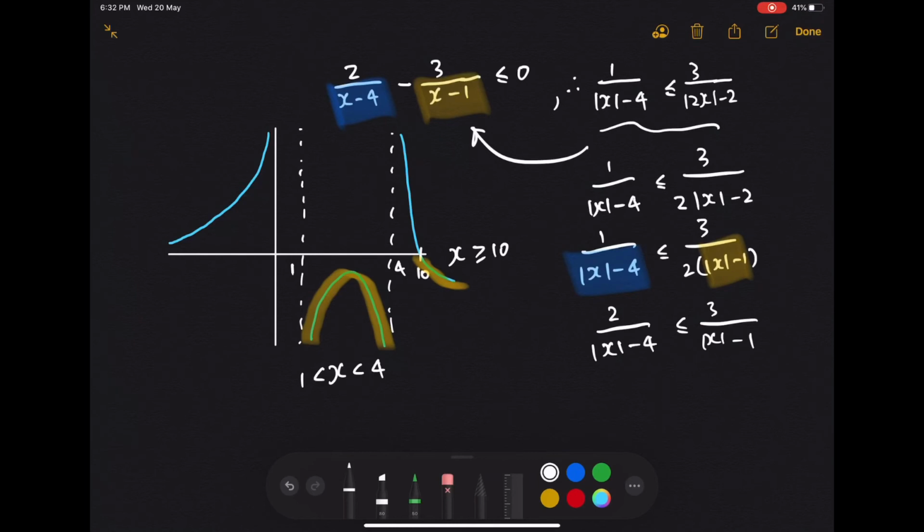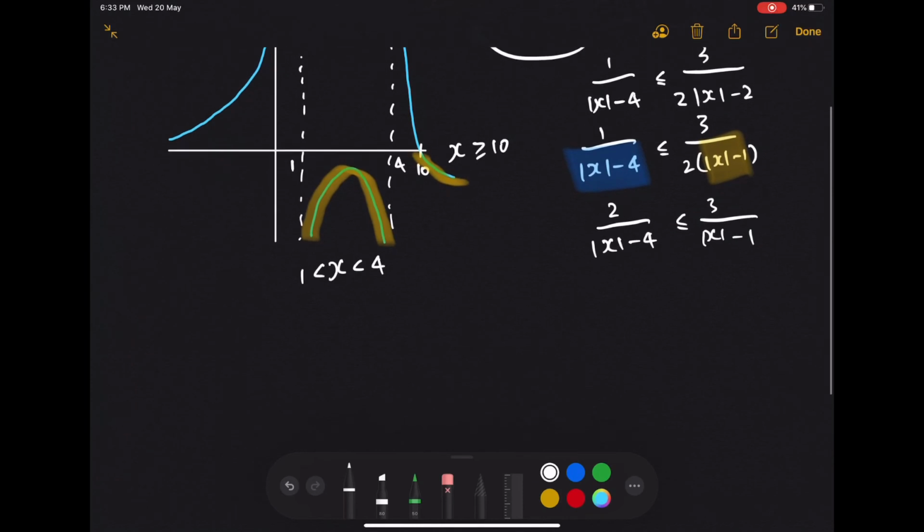The only difference is that now the x is being modded. So what do we need to do? All we need to do is change the inequality x to be mod x. So you can see that now x is being replaced with mod x.